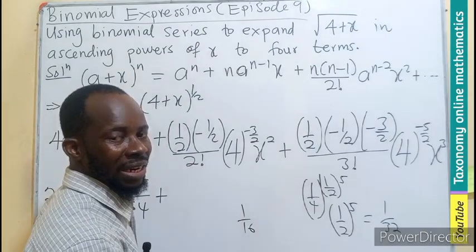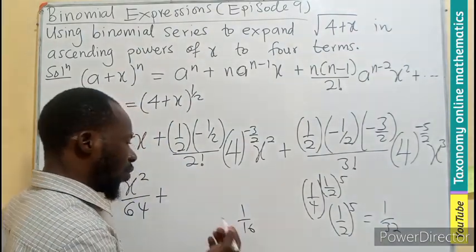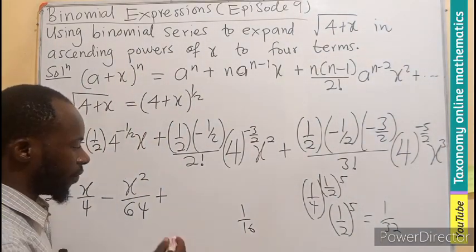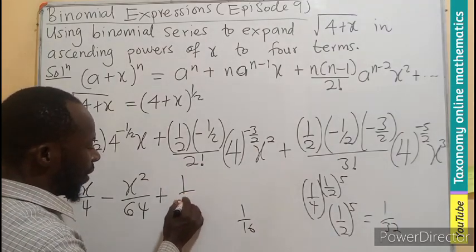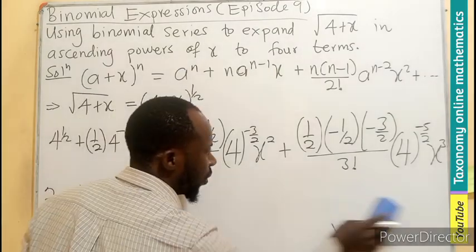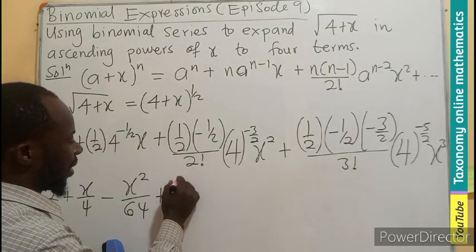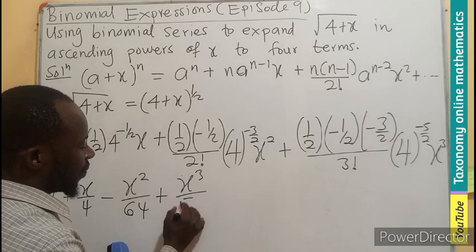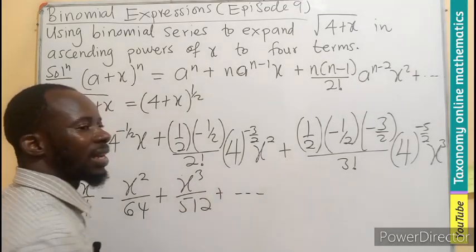So 1 times 1, 32 times 16 will give us 512. So we have 1 over 512 times x to the power 3, which gives x cubed over 512, plus the remaining terms.